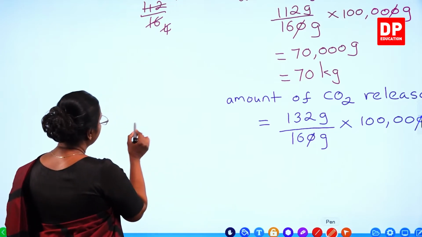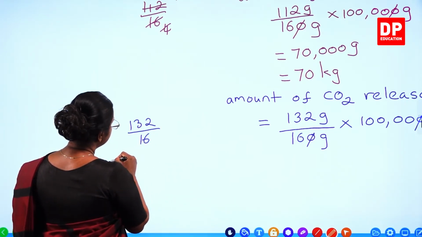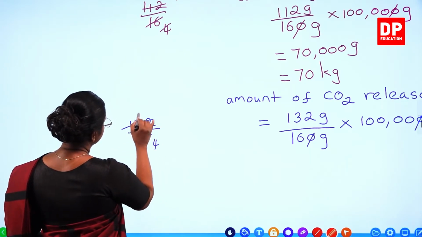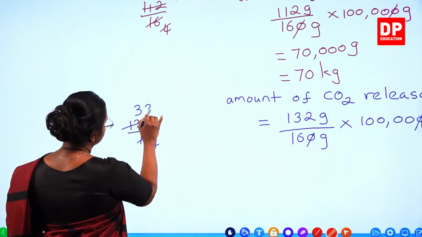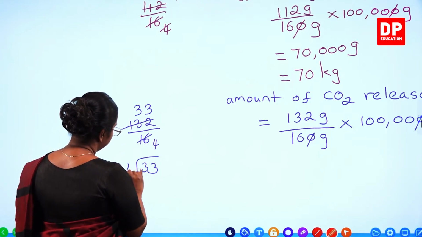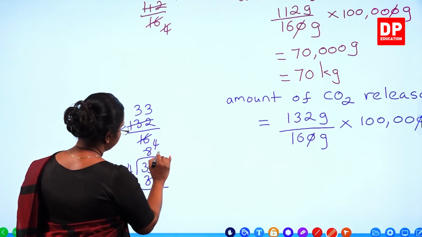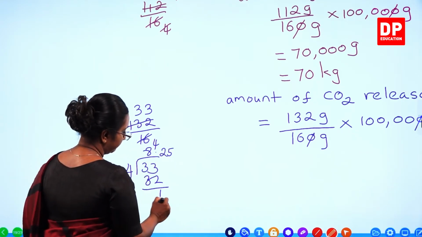So again, to simplify, 132 divided by 16. So if I do the calculation here, when we have 132 and 16, 33. So if we divide 33 by 4, so 8.25.